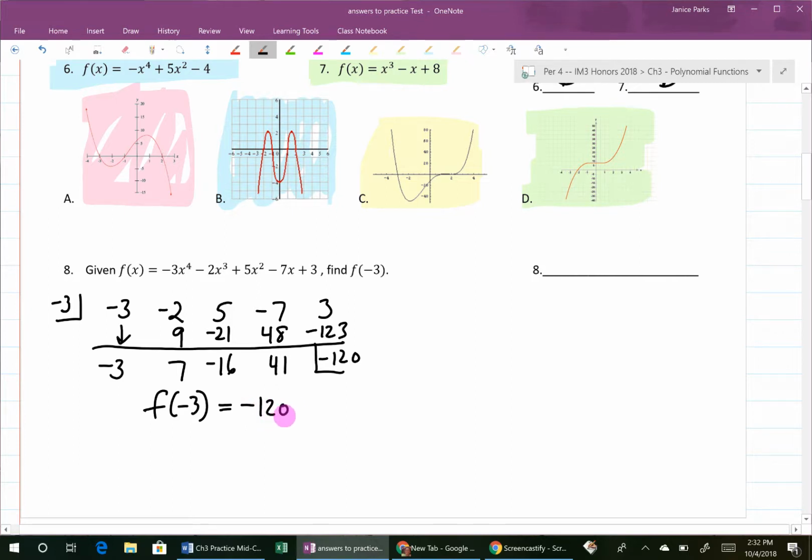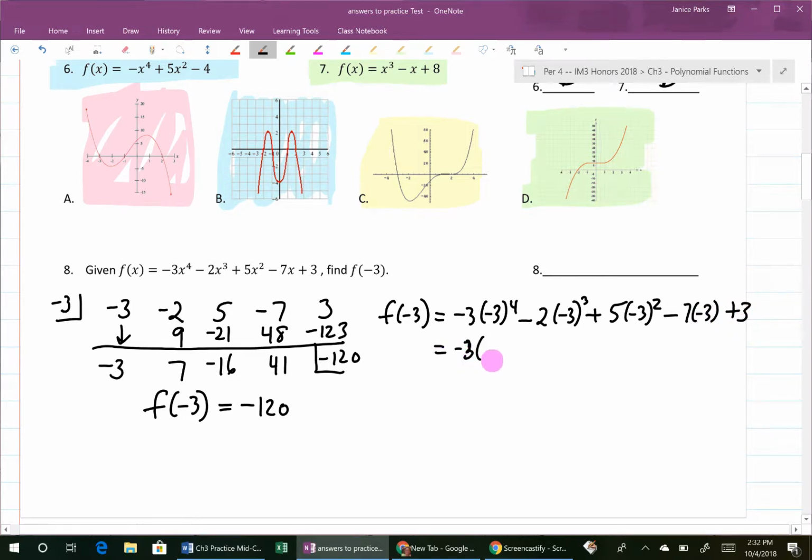If you were doing direct substitution, this is the work I would want to see. Negative 3 times negative 3 to the 4th. You would fill in the negative 3 for all the x's, and then you would show the work. So this would be negative 3 times positive 81, negative 2 times negative 27, 5 times 9, plus 21, plus 3.